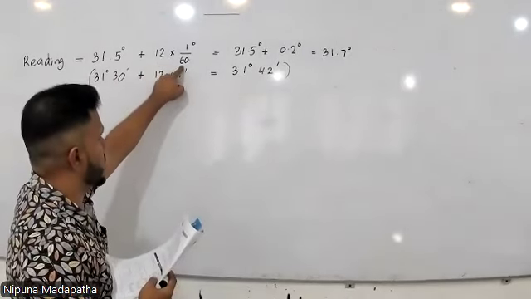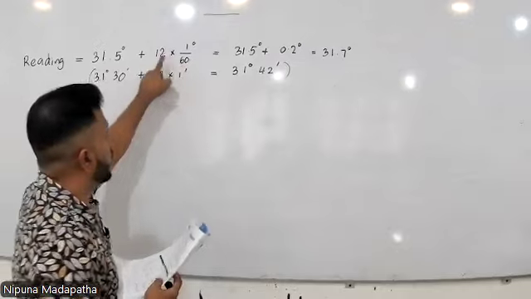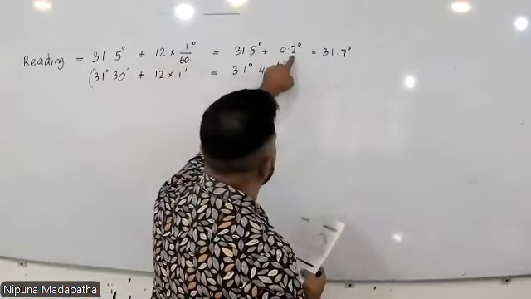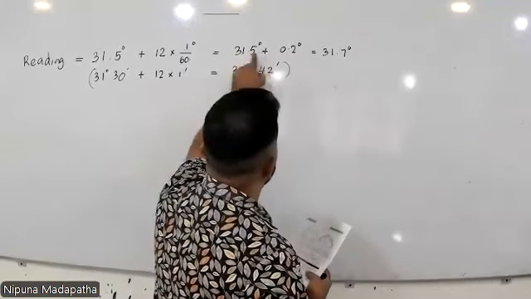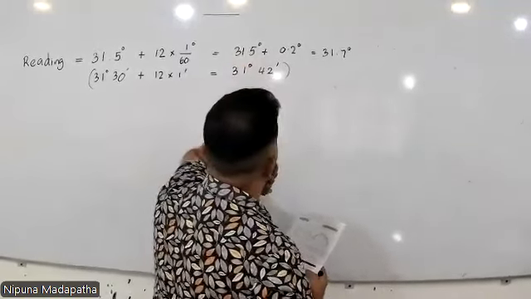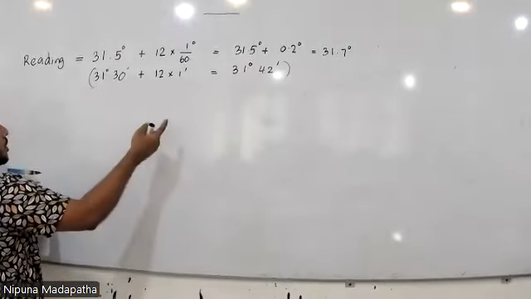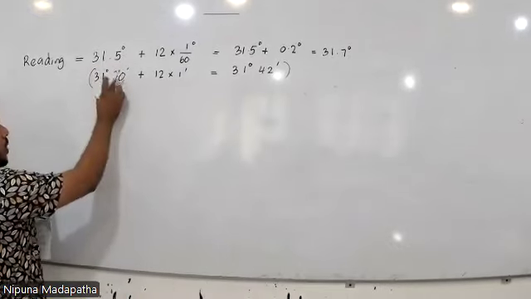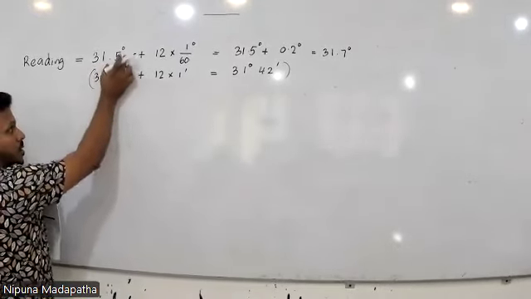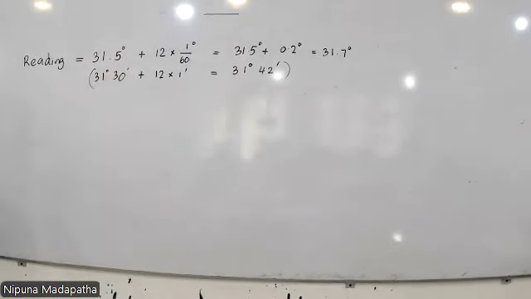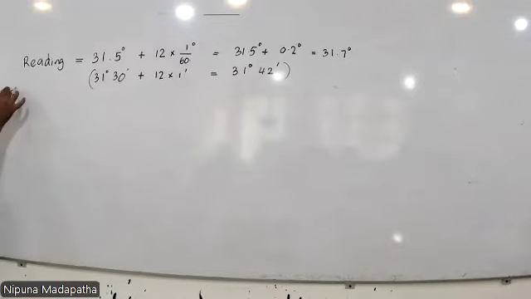12 into 1 over 60. So 12 over 60 is 1 over 5, which is 0.2 degrees. 31.5 plus 0.2 is 31.7. Or if you use degrees and minutes, 31.5 degrees, 0.5 degrees equals 30 minutes. Remember, 1 degree is equal to 60 minutes.